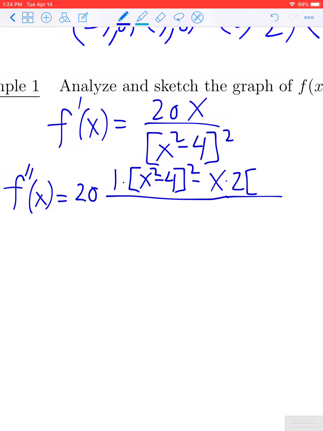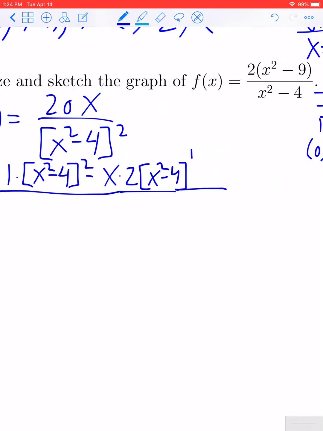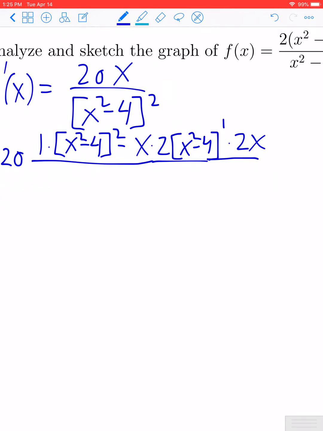This is going to be 2, leave the inside alone, bring the power down by 1, and then from the chain rule, we need to multiply by the derivative of the inside. The derivative of x squared minus 4 is 2x, all over that original denominator squared. So it's x squared minus 4 squared squared.